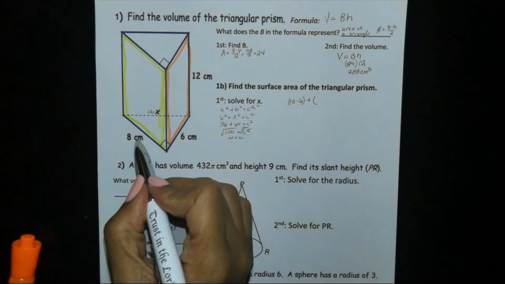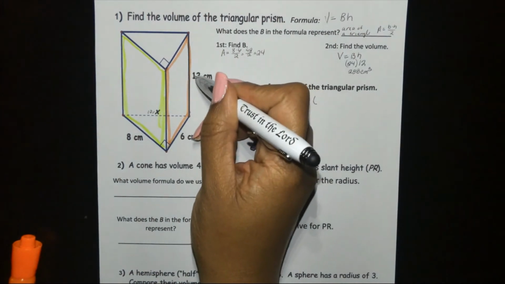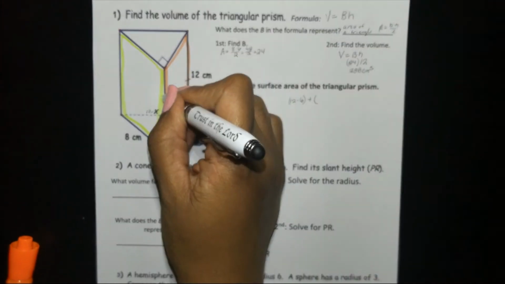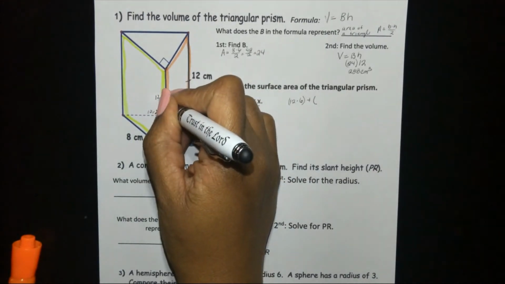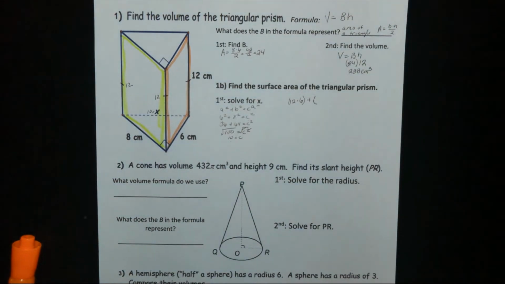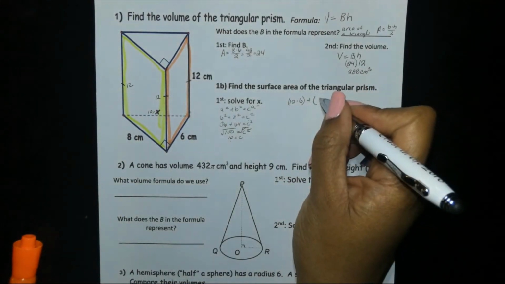So this time I have 6 times the height, and the height from here to here is also going to be 12. So I know this is 12. I know that this is also 12. I know that this here is going to be 12 as well. So I'll go ahead and mark those so that we have them. So we're going to have 12 times 8.